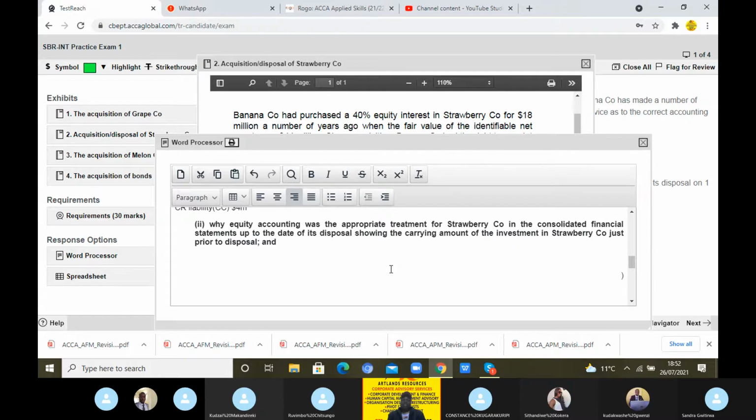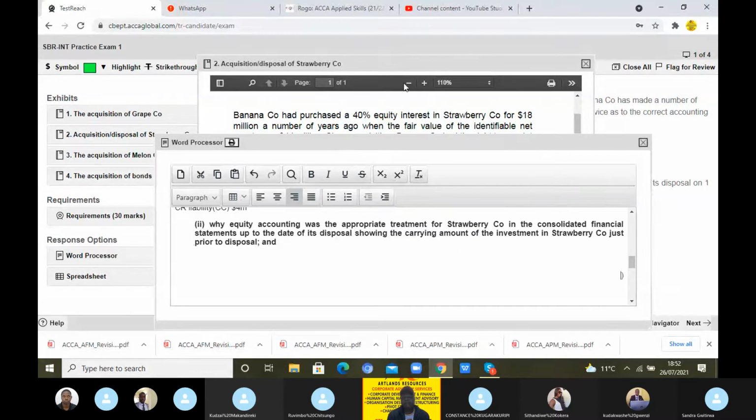The question is not to tell us whether they were doing it correctly. Are we together? Other students may think that the question is asking, were they doing it correctly? No. It's saying why equity accounting was appropriate, meaning it was correct. Tell us why. And then they are telling us to calculate gain or loss on disposal and the carrying amount of investment.